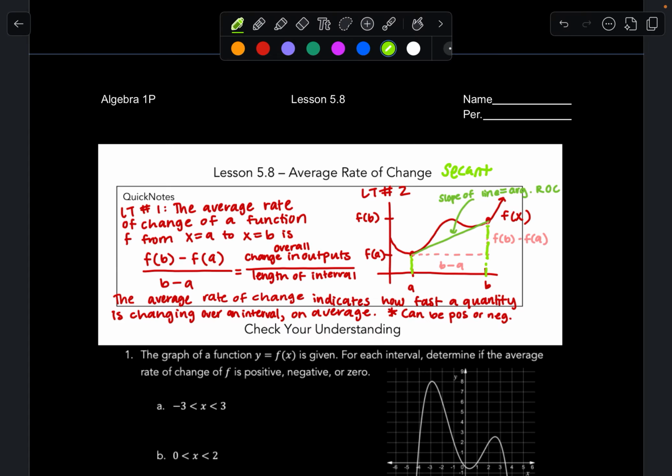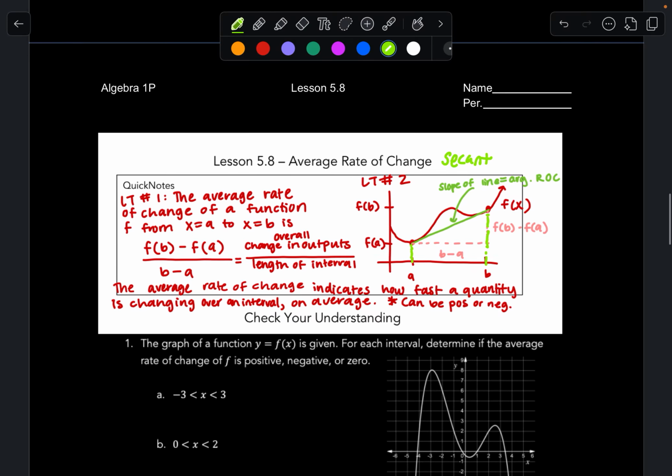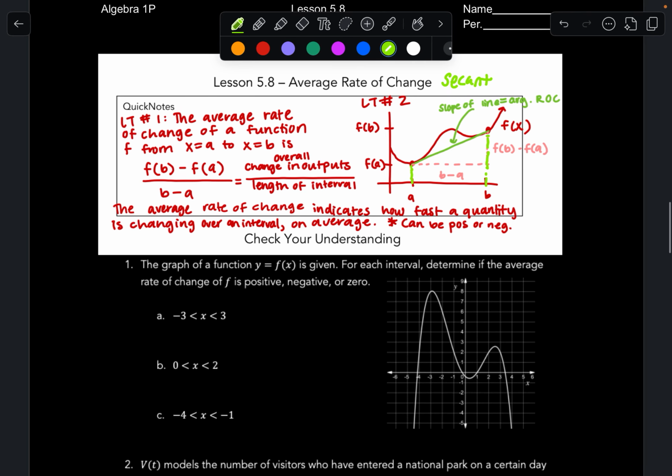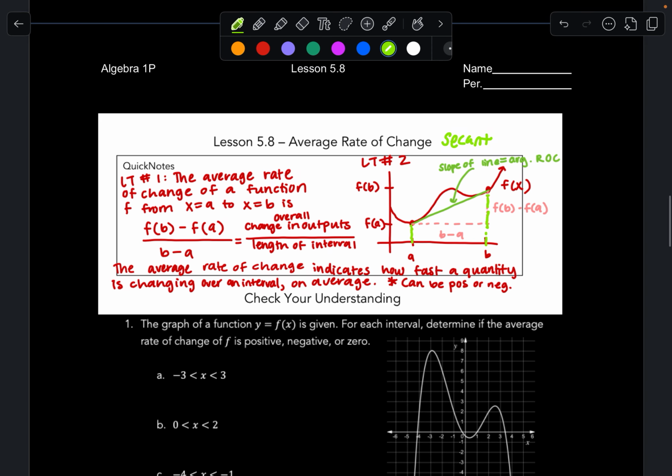The average rate of change indicates how fast a quantity is changing over an interval on average, and it can be positive or negative. All right. So really, all this boils down to is finding the slope between 2 points, the endpoints of a given range of values from a to b. You're going to find the value at b, so f of b minus f of a.